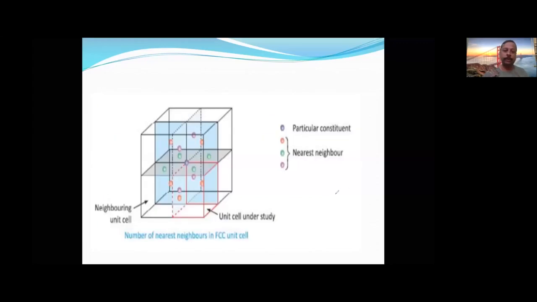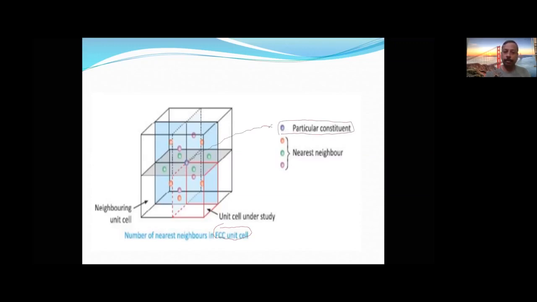Okay, now FCC. Now this is about the FCC unit cell. Simple cubic is repeated again and again so that you should be able to understand and differentiate between the simple cubic and FCC. Okay, so here the particular constant particle under observation is this one.